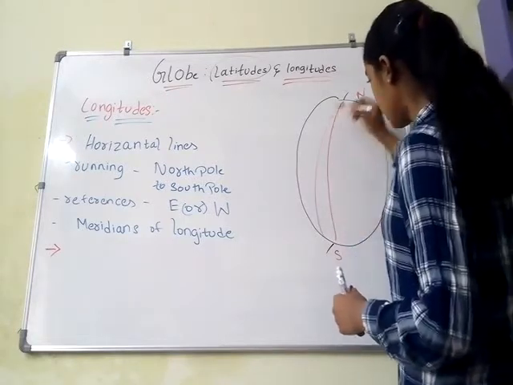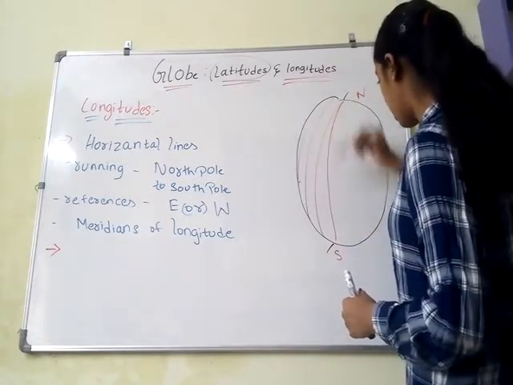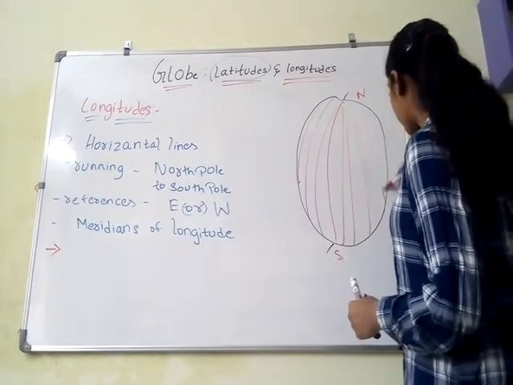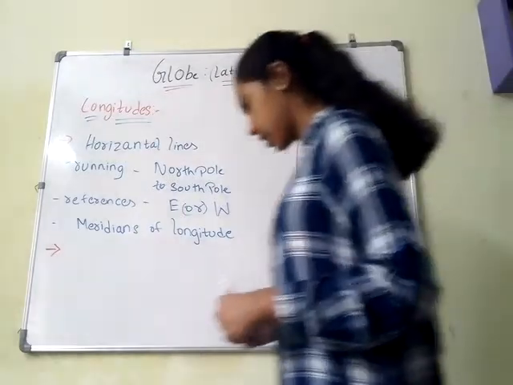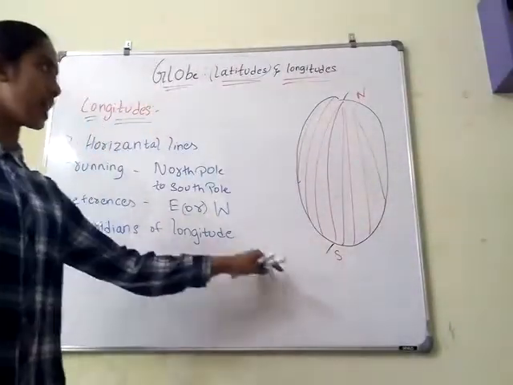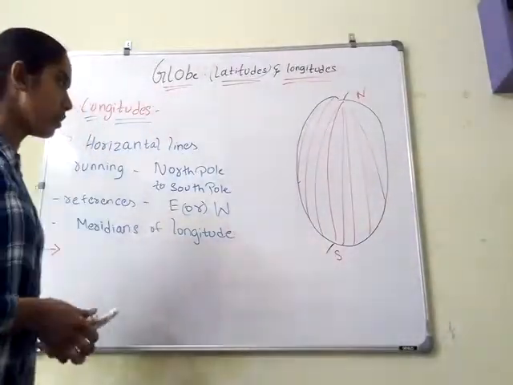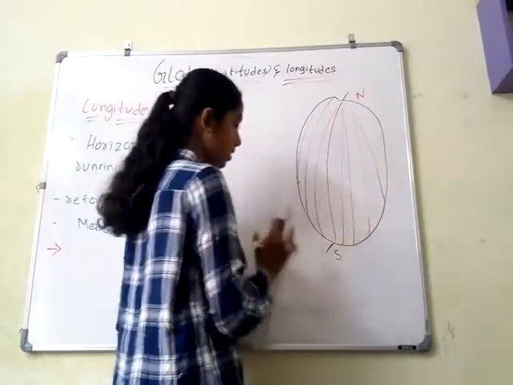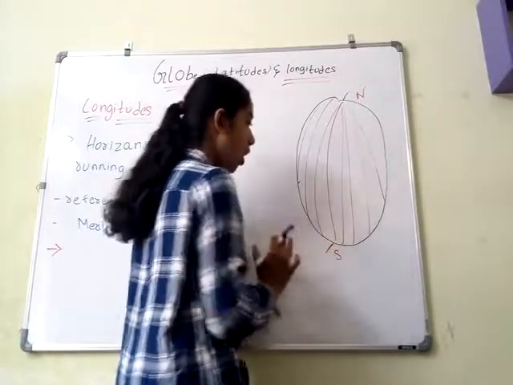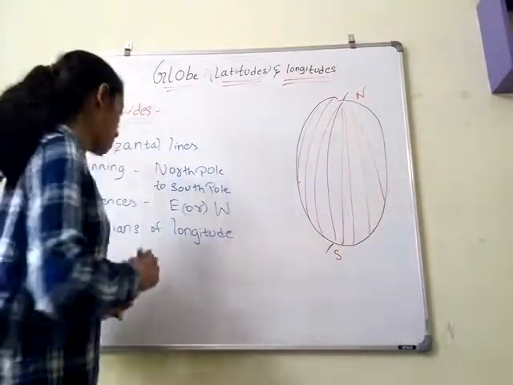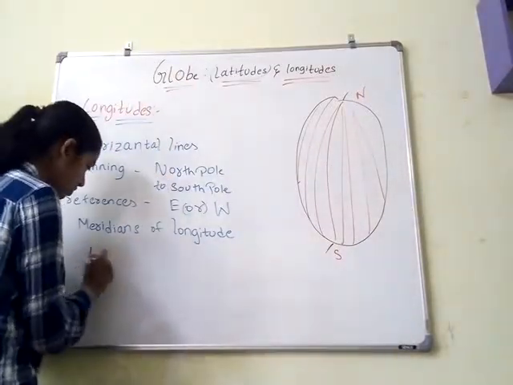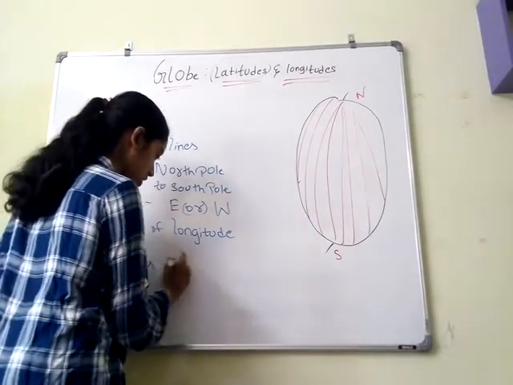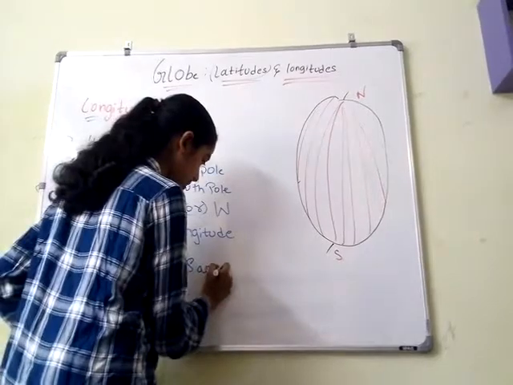These lines which are running from North Pole to South Pole are the longitudes. Here all longitudes are of the same size.